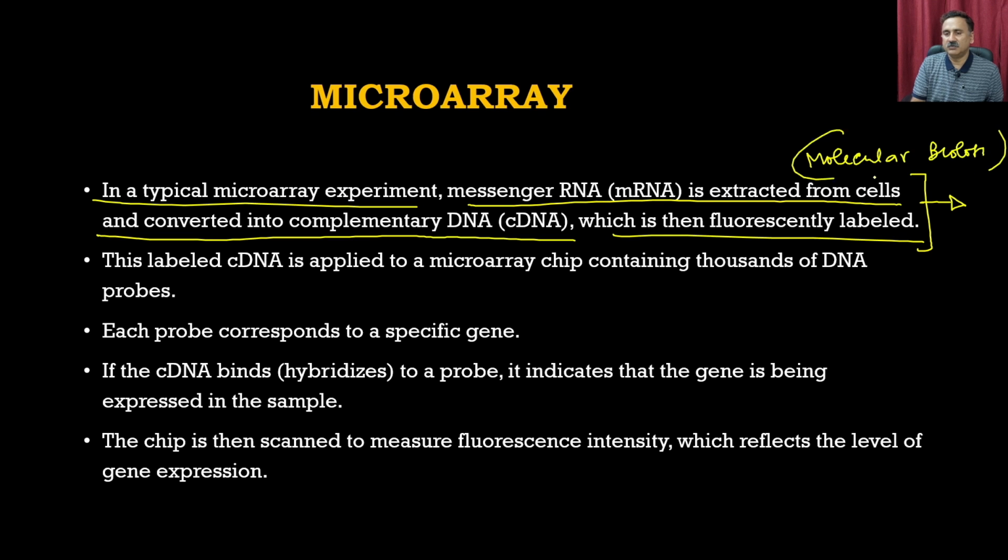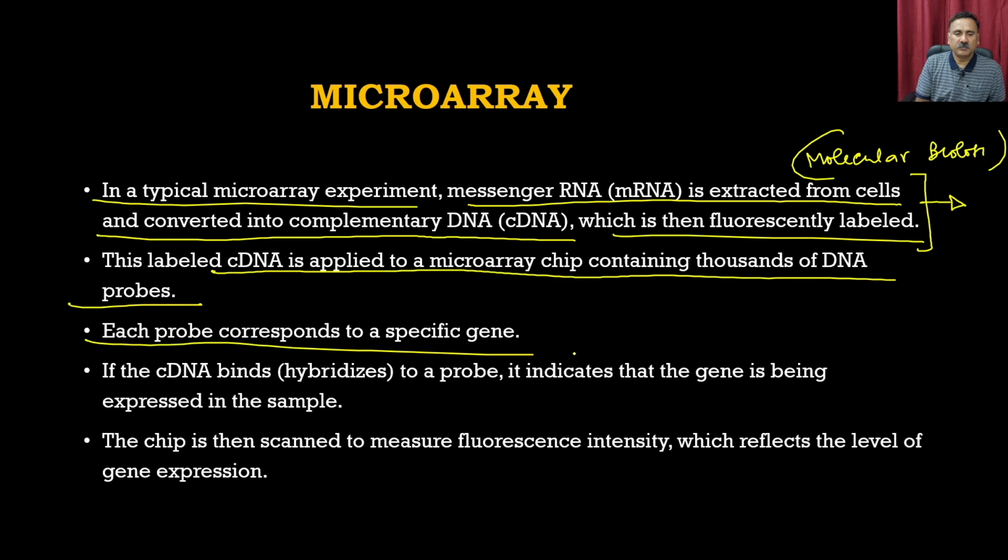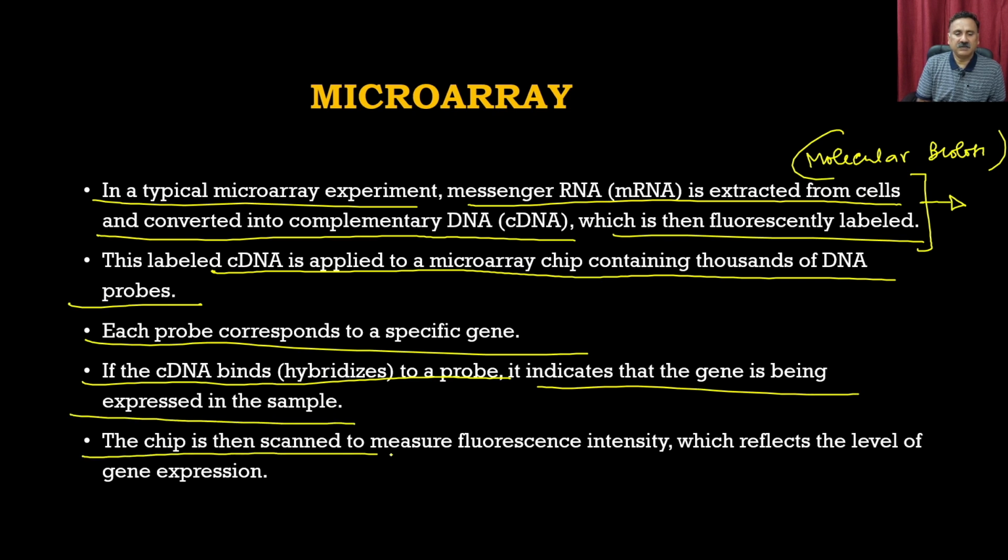How you can generate the cDNA from the messenger RNA. The labeled cDNA is then applied to a microarray chip containing thousands of DNA probes. Each probe corresponds to a specific gene. If the cDNA binds to a probe, it indicates that the gene is being expressed in the sample. The chip is then scanned to measure the fluorescent intensity, which reflects the level of gene expression.